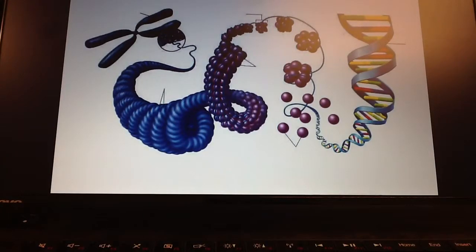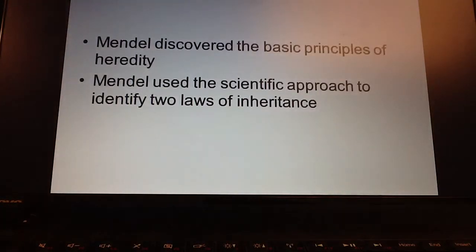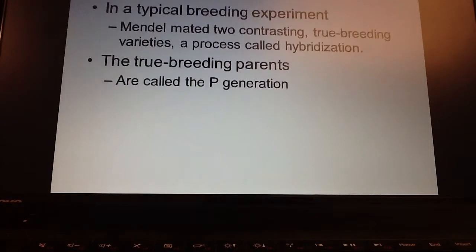What Mendel discovered as a result of the years he spent looking at pea plants were the basic 4 principles of heredity. And he actually identified 2 of the major laws that govern inheritance. Let's look at what he did, and then we can talk about what he found.